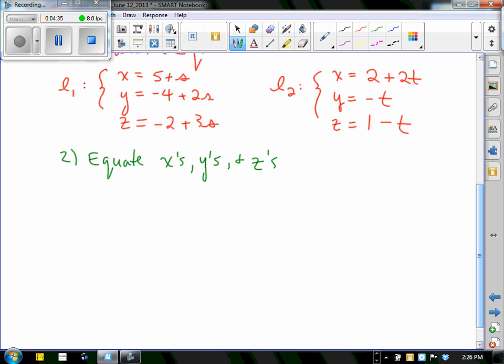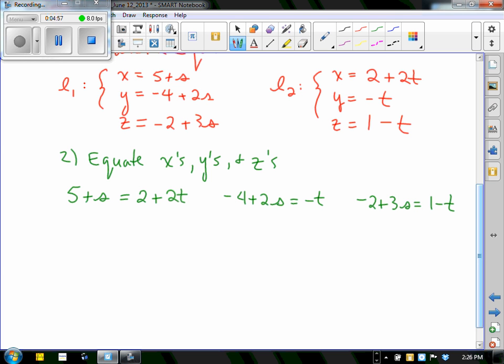So let's start with the x's. First equation, we'll have 5 plus s is equal to 2 plus 2t. Through the middle, we'll list the y's: minus 4 plus 2s is equal to minus t. And lastly, minus 2 plus 3s is equal to 1 minus t.